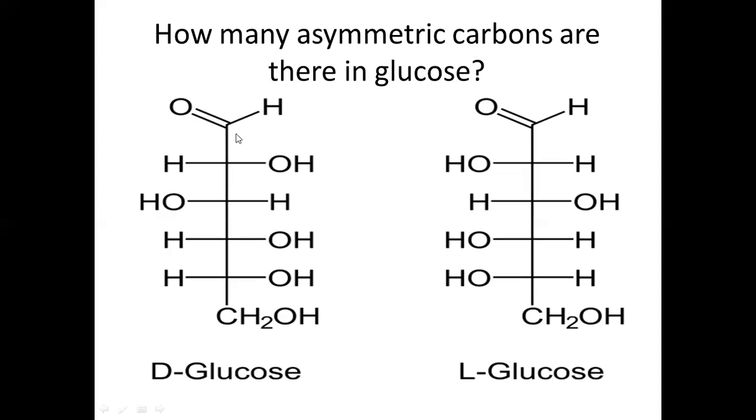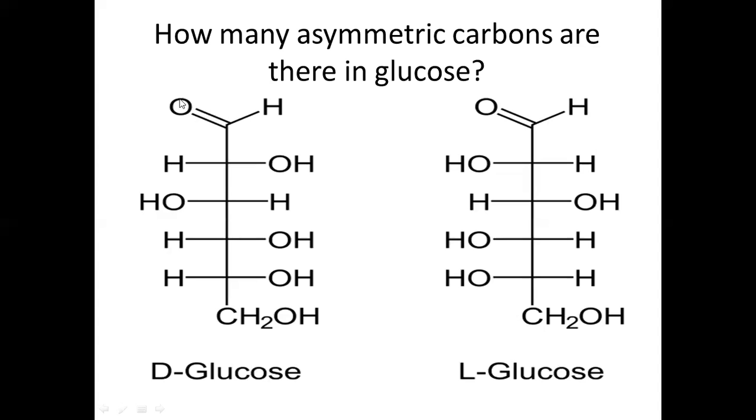groups or atoms? So remember, this is carbon 1, right? Yes. This is carbon 2, 3, 4, 5, and carbon 6. Okay. So is carbon 1 asymmetric? Is it connected to 4 different atoms or groups of atoms?